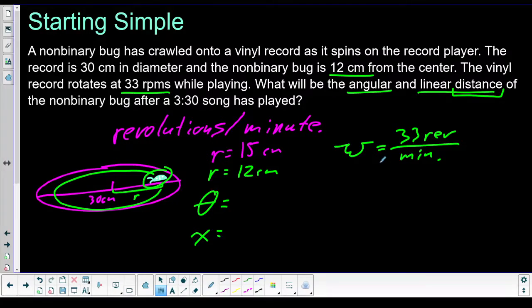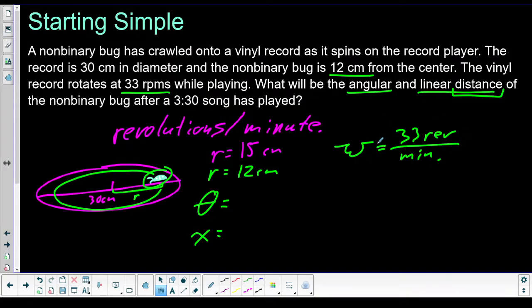For the sake of just practicing with radians, we should probably do that. Yeah, let's go ahead and convert this to radians per second. So we'll practice our unit conversions. Let's get this into a more standard thing, and then we'll throw it into an equation, and then we'll call it good.